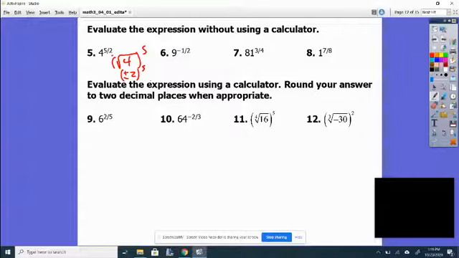So it's going to be 2, 4, 8, 16, 32. So positive or negative 32. Okay, and that's always going to be true. And then pro tip, anything 1 to any power is 1, always. It never changes.